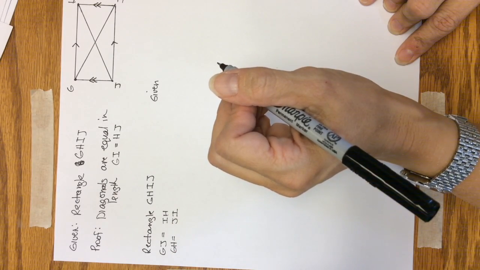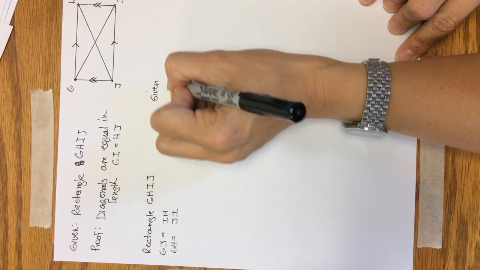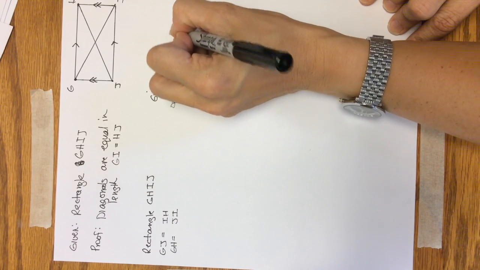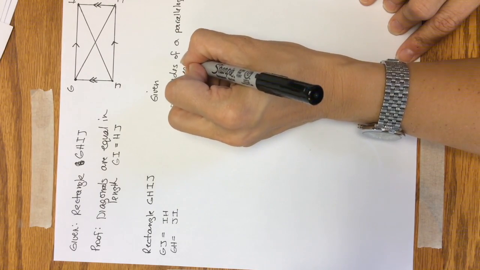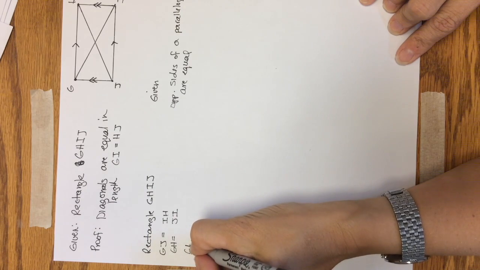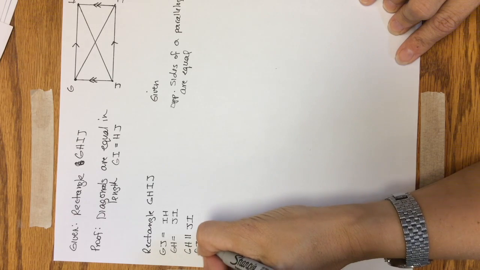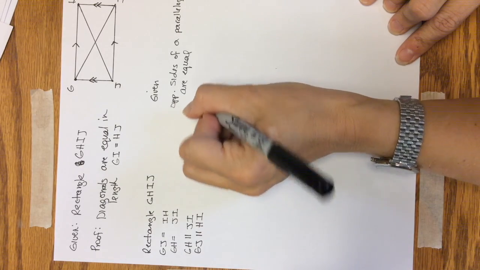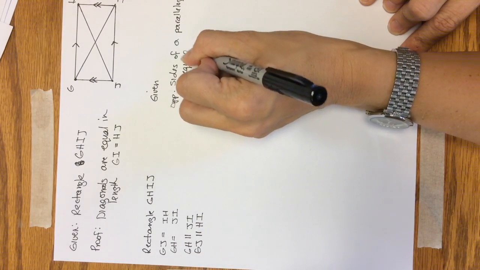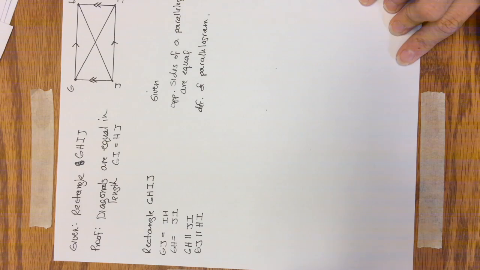Those are both opposite sides of a parallelogram, so they are equal. And we know that GH is parallel to JI and GJ is parallel to HI. Definition of parallelogram. I actually don't think we have to say that anymore, but it's given. It's all part of the problem.